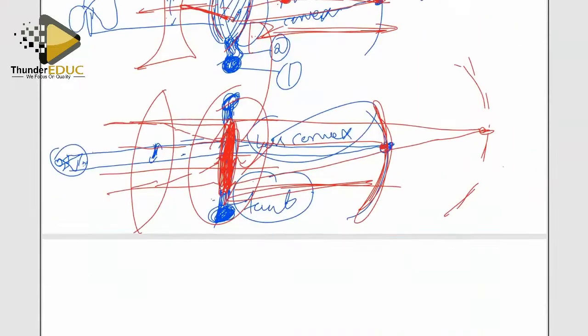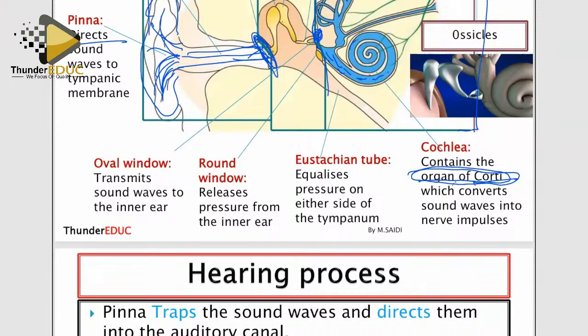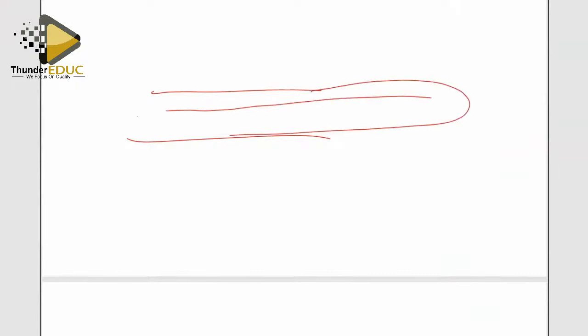How does this thing look? Basically, when you uncoil it, this is how it looks. It will come like this. Inside there, it has sensory hair cells.